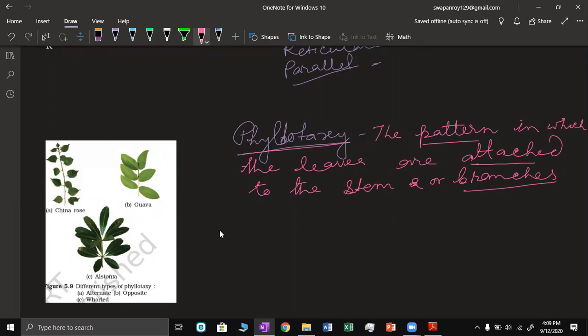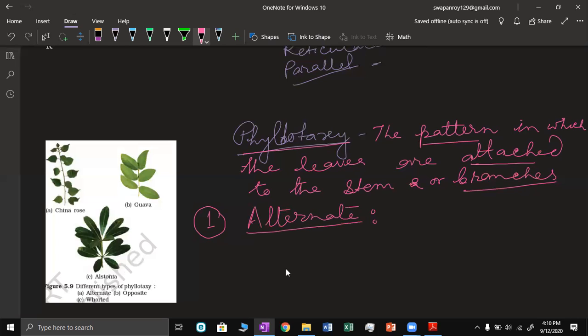So there are three basic types. One is alternate phyllotaxy.